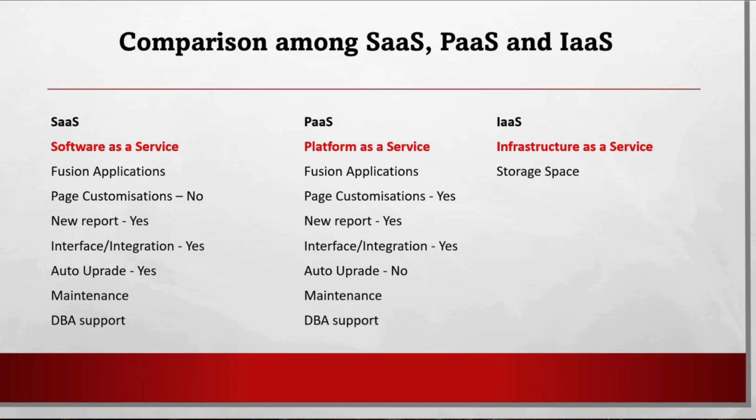Let's say he wants some page customizations, then he can go for PaaS. So there are two options he might have. These are the two famous ones, either SaaS or PaaS. If he wants any page customizations also, then he can go for PaaS. Otherwise, best is SaaS. So in SaaS, we cannot do any modifications. In PaaS, we can do the page customization.